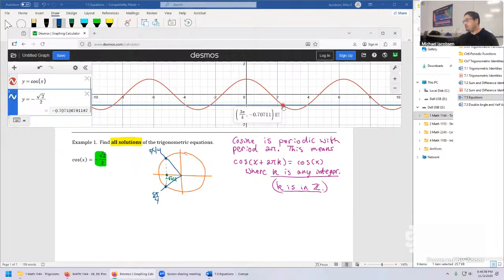And here's one solution, 3 pi over 4. There's another solution, 5 pi over 4. But if you go backwards, here's another solution, negative 3 pi over 4, another one, negative 5 pi over 4. And there's infinitely many more. We can just keep on tagging them. I can't just write down every single one of these in a nice compact way. So we're going to use this periodicity equation right here, x plus 2 pi k.